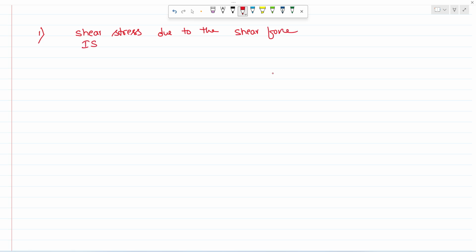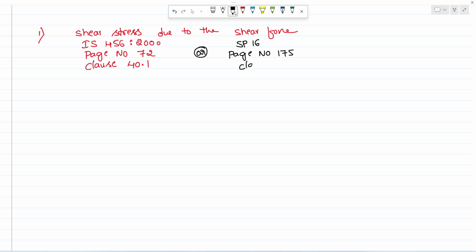For which you can refer IS 456 2000, page number 72, clause 40.1, or you can refer SP16 page number 175, clause 4.2, the same formula is available.